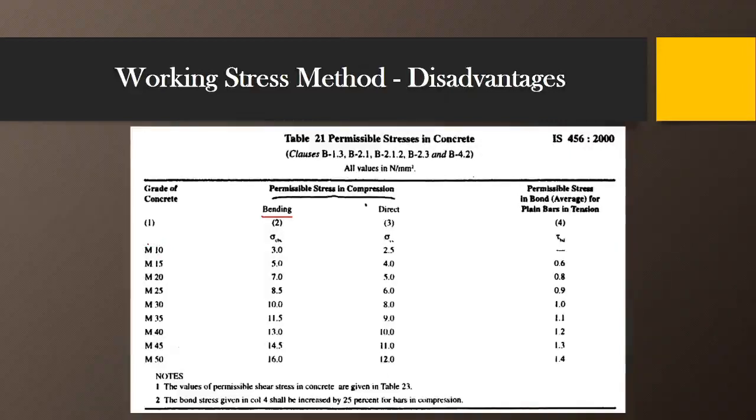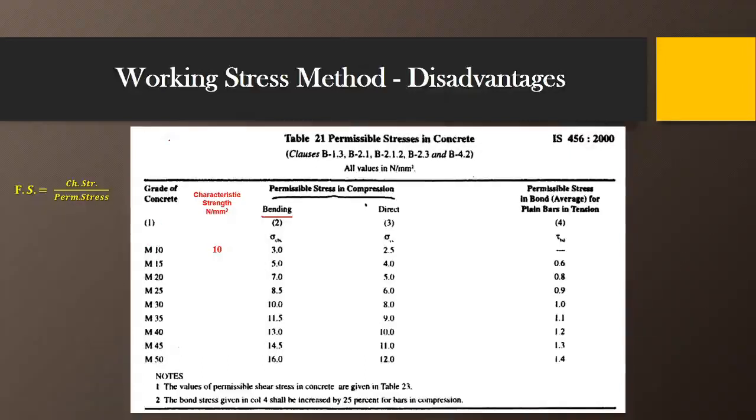So from this grade of concrete we can get the characteristic strength also. At least for M10 it is 10 Newton per mm square. We know that for M10 grade of concrete the characteristic strength is 10 Newton per mm square, and by using the relation that factor of safety is equal to characteristic strength divided by permissible stress, we will get the factor of safety.